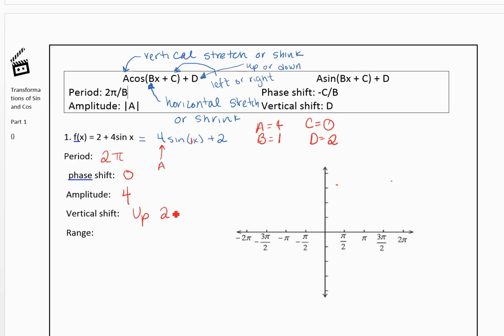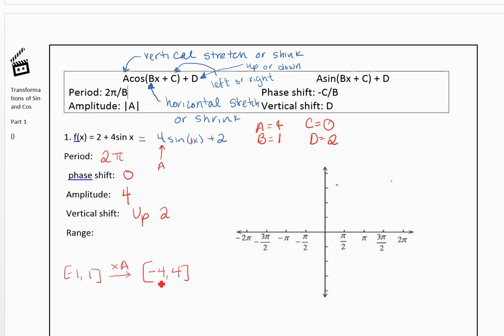Now, with the vertical shift and our amplitude change, our range has actually changed. And remember, for sine and cosine, our range always starts out from negative 1 to 1. Now, to see how the amplitude and the vertical shift have changed it, you're going to take both those numbers and multiply them by the new amplitude. So that would make this from negative 4 to 4.